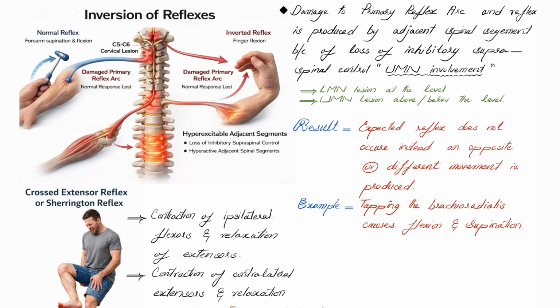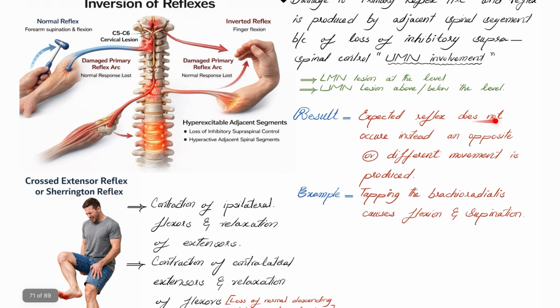For example, there is a lower motor neuron lesion at the same level, and an upper motor neuron lesion above or below that level. So these neurons have lost their inhibitory supraspinal control, and that is why they produce the reflex instead of the primary reflex arc. So what will be the result? The expected reflex does not occur. Instead, an opposite or different movement is produced. For example, tapping the brachioradialis causes flexion and supination.